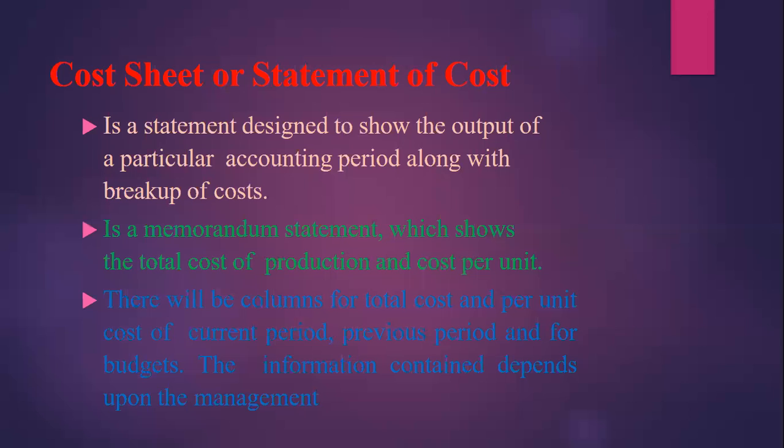So there will be a total cost column and a per unit column for the current period, and at the same time we can also prepare for the previous period, and for the budget, meaning the estimated period, the future. The previous is the last year period, just to have a comparison between these two periods, whether this year's expenses have increased or reduced compared to last year.